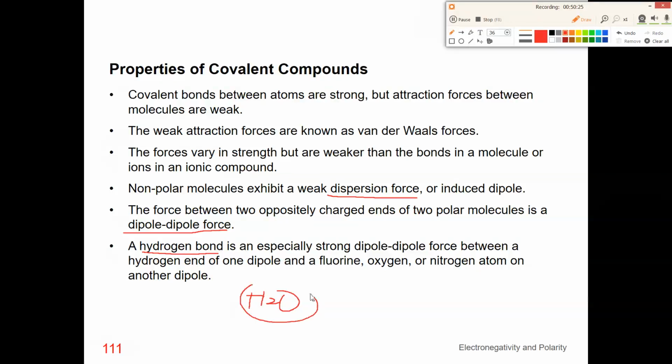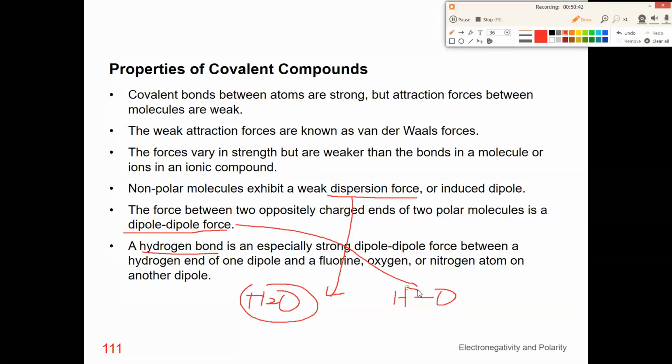Because water molecules move around, they create this temporary dipole. So dispersion force exists in water, and dipole force, because the hydrogen and oxygen bond is polar. So this dipole force exists.